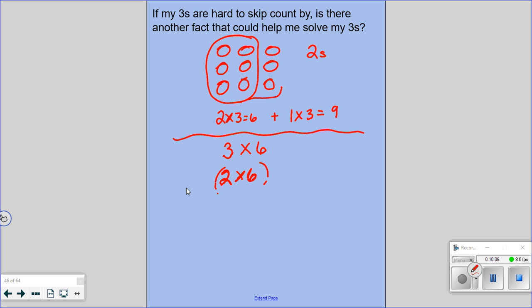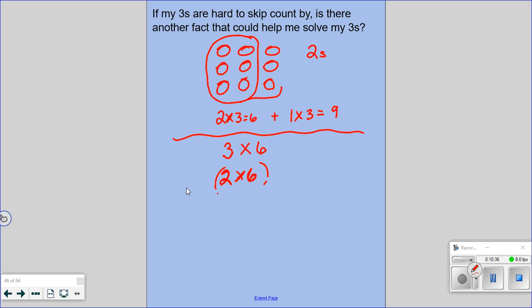If I have 2 groups of 6, how do I get to 3 groups of 6? You have the answer of 2 times 6, and then add 3 more. I'm not going to add 3 more. Nope, not to get to 3 groups of 6. Think about what I'm asking. I've got 2 groups of 6, and I want to get to 3 groups of 6.